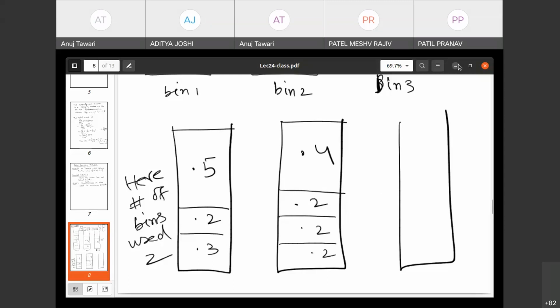Okay, let me go back to your original algorithm, which is, okay, so you are removing some things. Now the empty space in bin 1 is 1. Okay, then we can remove another 2.